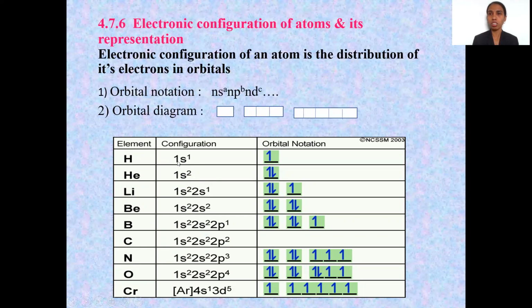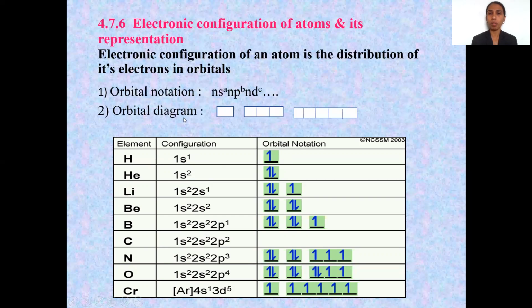Because the electron is 1, and it will be present in the first shell, means n value is 1, the principal quantum number value is 1. Then the s electron will be present in the s subshell, and the number of electrons is 1. So 1 will be written as a superscript on the right side of the s subshell. So 1s1 is the electronic configuration of hydrogen.